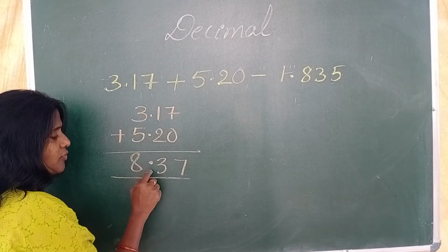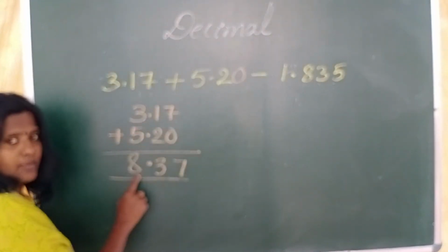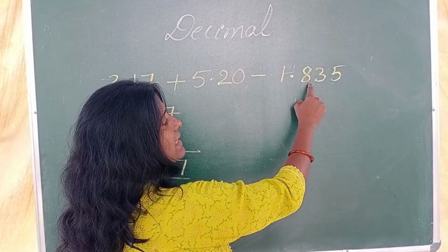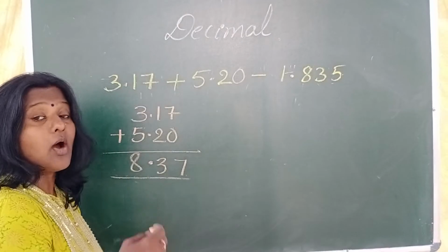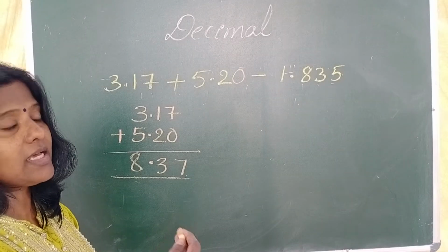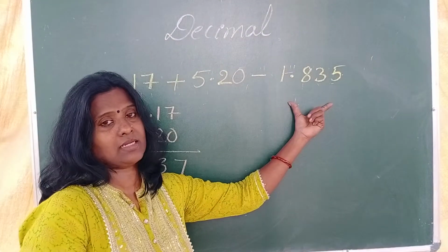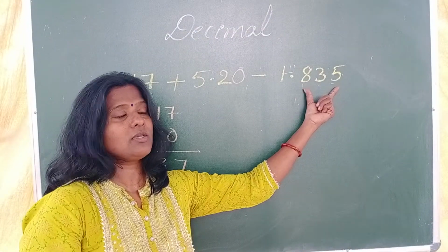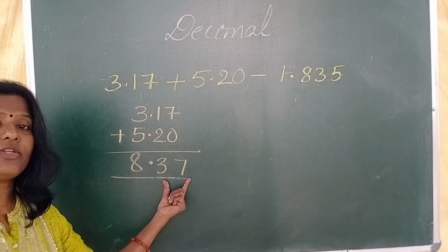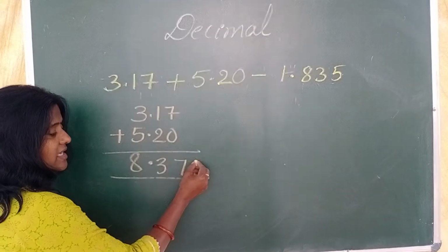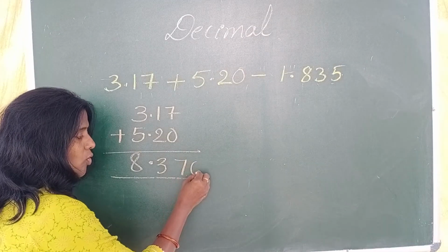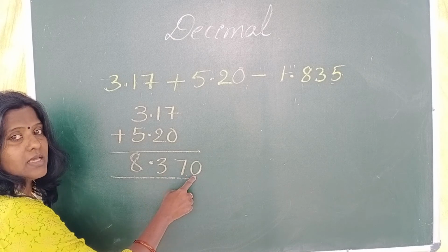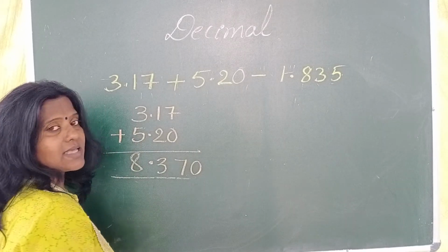The sum of these two is 8.37. Now from this I have to subtract 1.835. Also check whether the two decimals are like decimals. Here after the point there are 3 values, here only 2 values. So by taking a 0, I have made it 3 places. Now you can easily subtract.